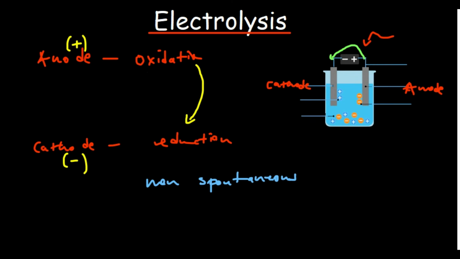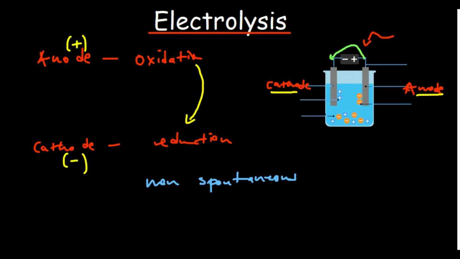In this case it is non-spontaneous because we have to use an external current to force electrons to move from the positive part to the negative part. Now, in addition to the electrodes, which are the cathode and the anode, we also have what we call an electrolyte.